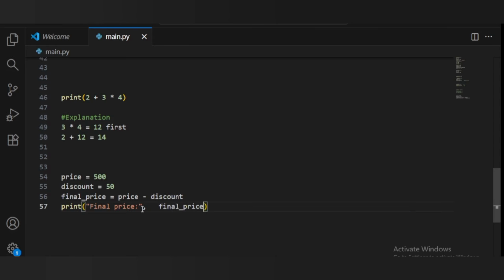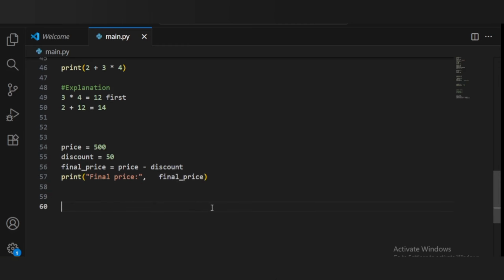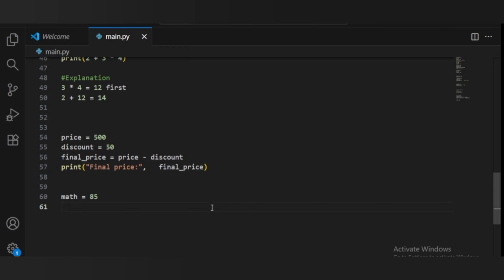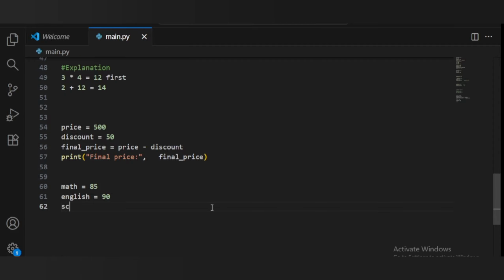The second example, total marks of a student. Math is equal to 85, English is equal to 90, Science is equal to 75.